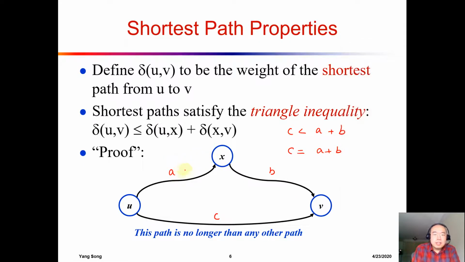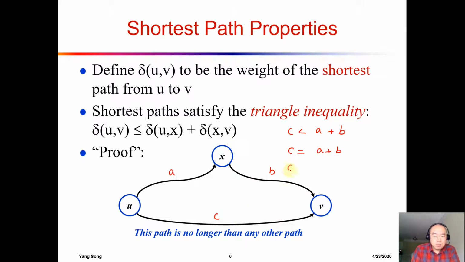Then it doesn't matter, right? We can do U to X and X to V, or we can do U to V directly, and they're the same thing.